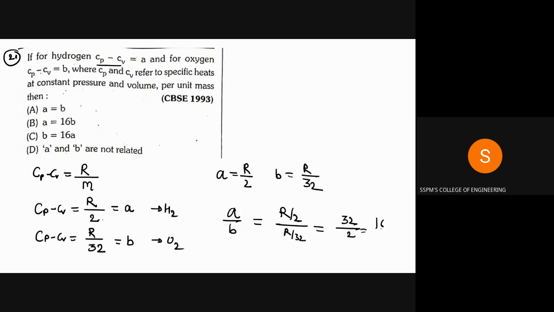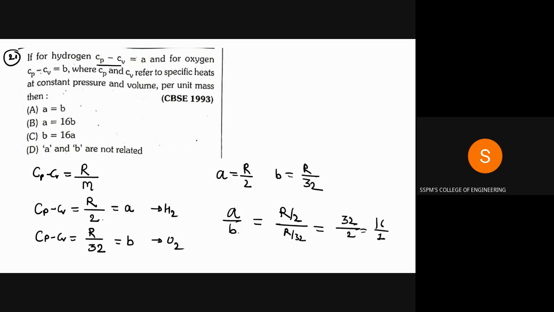Okay, so this is for hydrogen and this is for oxygen. Now for hydrogen Cp minus Cv, this value is given as A, and for oxygen it is B. So A is equal to R by 2 and B is equal to R by 32. Okay, so if you take the ratio A upon B, then this is R by 2 upon R by 32. So this is 32 by 2. So this is 16 by 1.